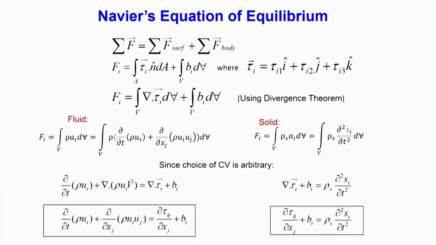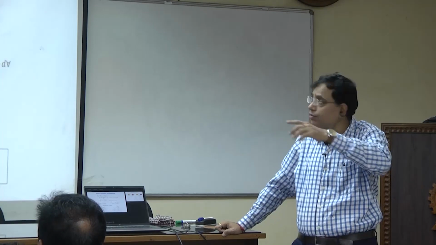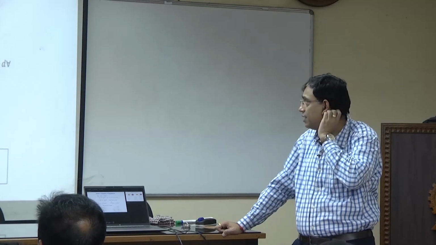If you take the dot product, it will be tau i1 n1 plus tau i2 n2 plus tau i3 n3, that is Cauchy's theorem, the total traction vector. This dot product mathematically represents the same expression we derived in the previous slide, and that times dA, the small surface area, integrated over the entire area, is the surface force.